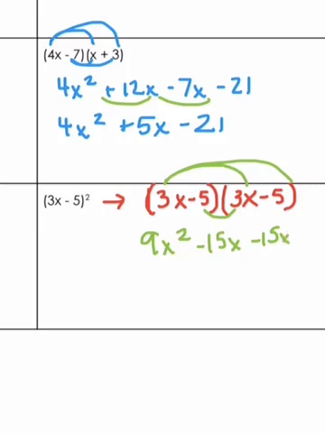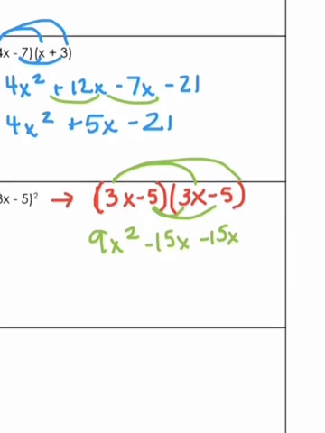Negative 15x. Plus 25. Then we can combine our like terms. Negative 15 and negative 15. That creates negative 30x and bring everything else down.